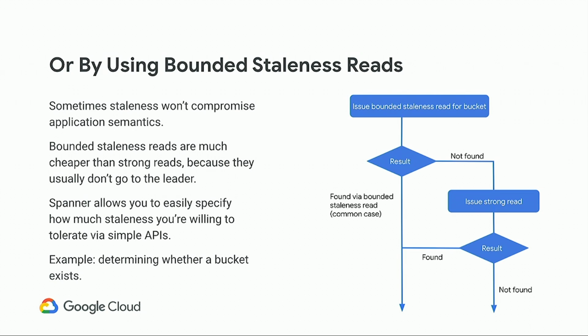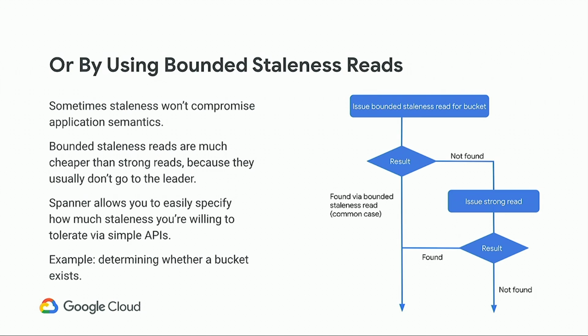The other way that we've mitigated the issues caused by hotspotting is by using bounded staleness reads. Now, you might be wondering, okay, I've been talking about strong consistency through this whole talk, and now we're talking about bounded staleness.